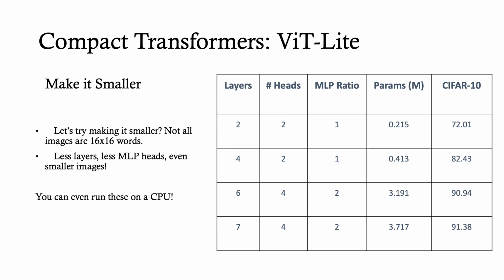As you can see, compared to the 69.81 baseline model we mentioned earlier, we can boost the performance of the ViT-Lite to over 90%, which to some extent demystifies the myth that transformers are always data hungry and can only apply to large datasets, or that we always need large models. And one note here is that you can easily train our compact transformers on CPUs.